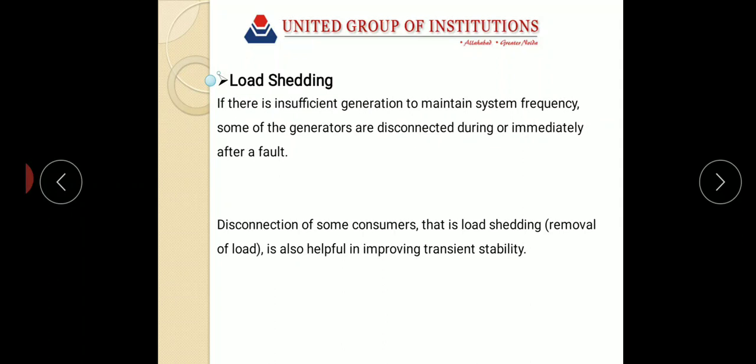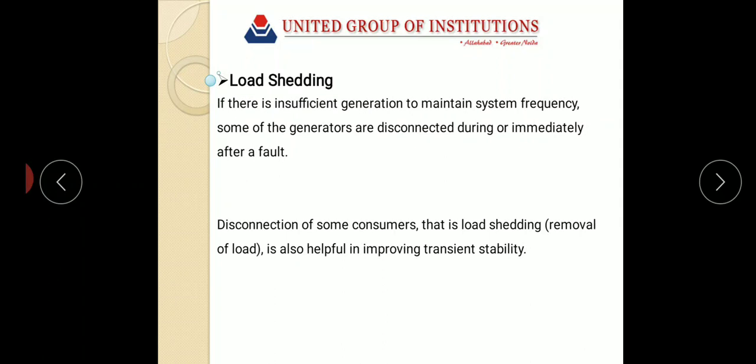This is the last point, load shedding. If there is insufficient generation to maintain system frequency, some of the generators are disconnected during or immediately after a fault.